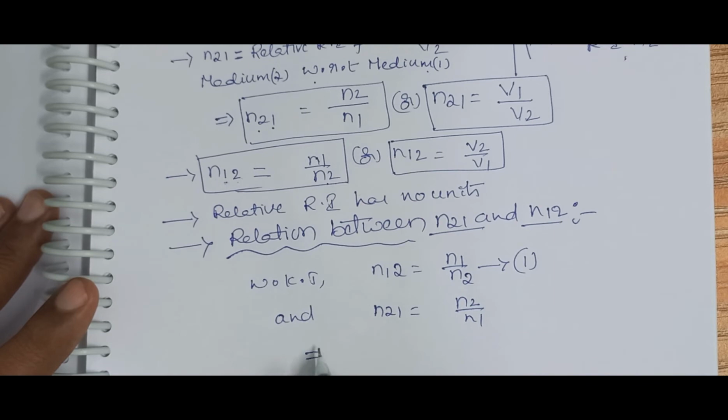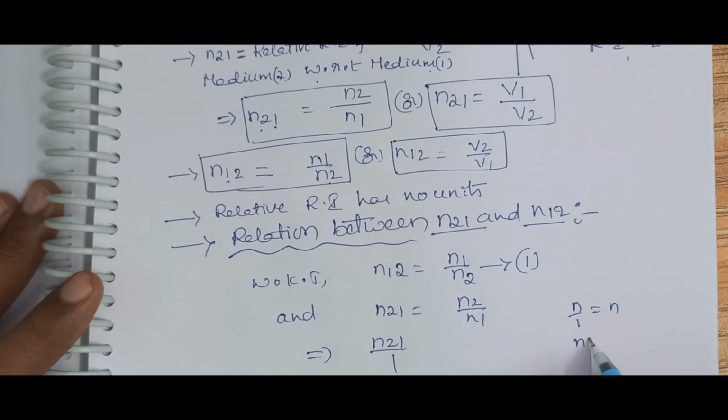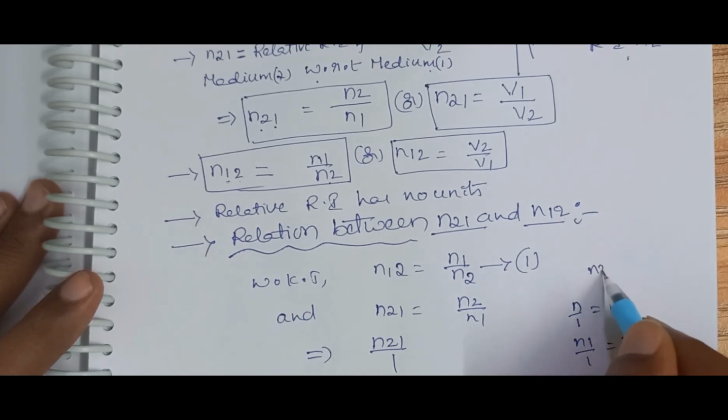So we are writing n21 as n21 by 1. Anything divided by 1 is equal to itself, similarly n21 by 1 is equal to n21.